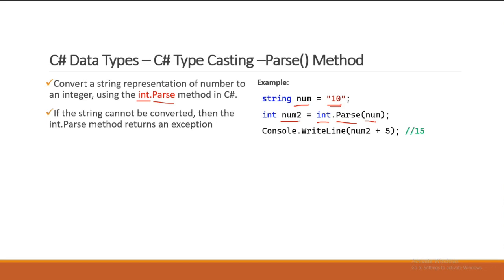The int.Parse method in this example throws an exception if the string cannot be converted. For example, if we write not 10 but just the character a, or any text, it is not convertible, and we are going to get an error because the value has to be convertible to int.